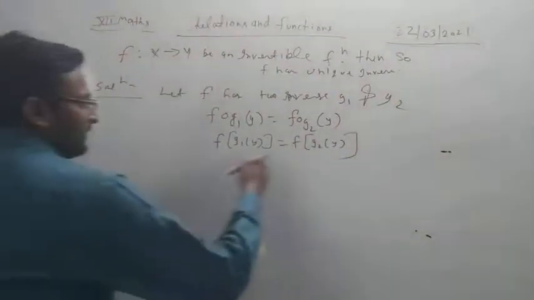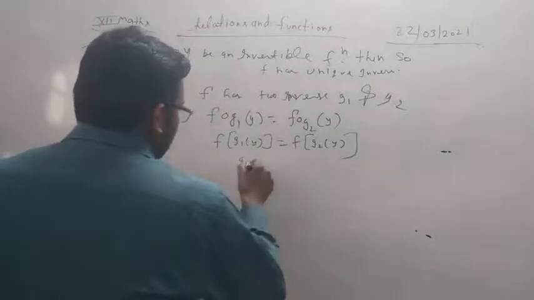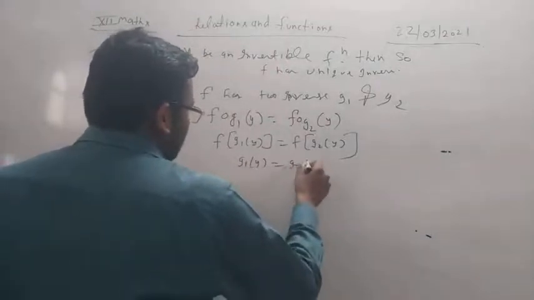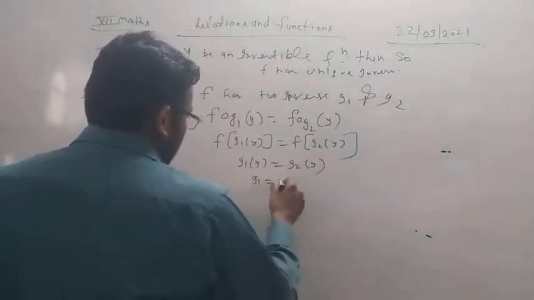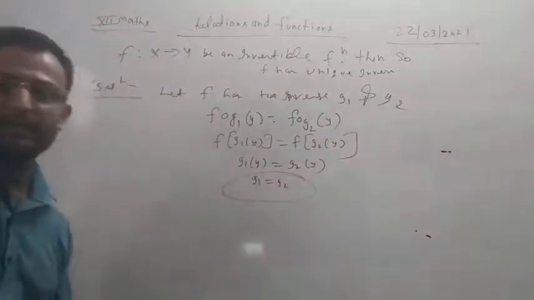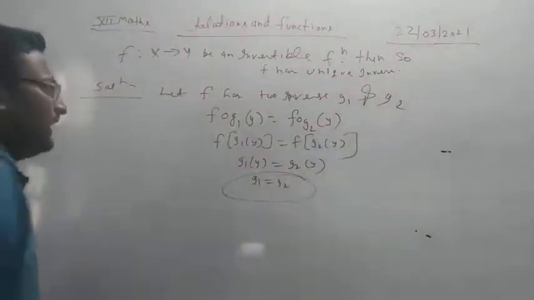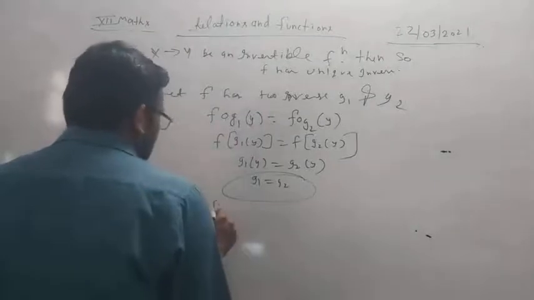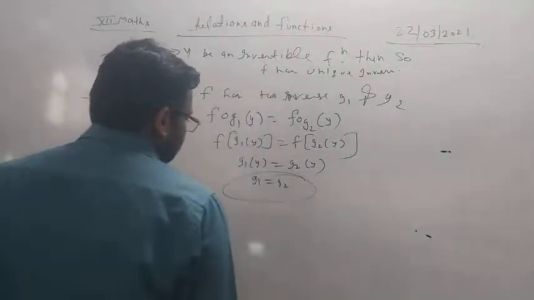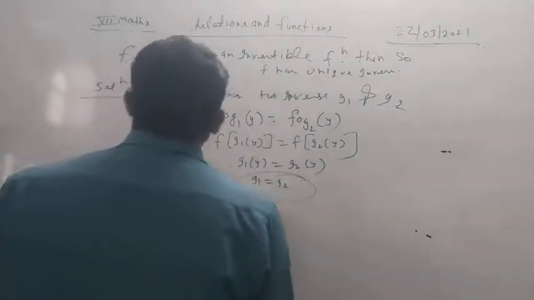Now students, we are saying that this f and f will be reduced, so we get this. So from here, students, we are seeing that g1 is equal to g2.